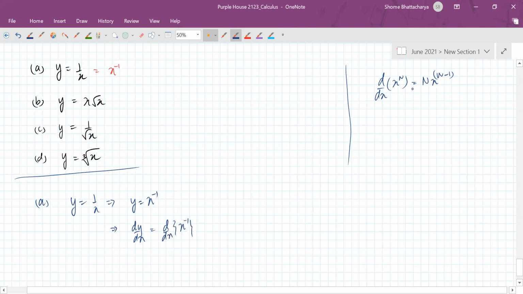Comparing with this formula, the value of n is minus 1. So it should become n, that is minus 1, into x to the power n minus 1, that is minus 1 minus 1. So that is minus x to the power minus 2, or that can be written as minus 1 by x square. This is the value of dy by dx for this particular function.